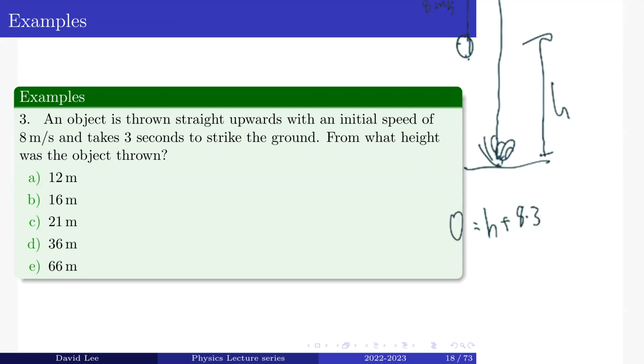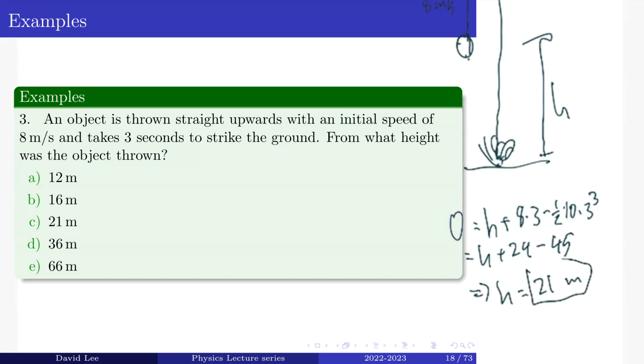Since our object's under free fall, we're just going to use -10 for our acceleration. And t squared will be 3 squared. If you do the quick maths, you will get that h is 21 meters. Right, so that's our answer.